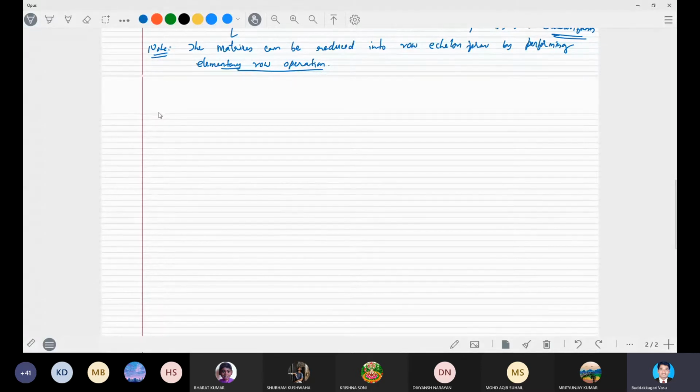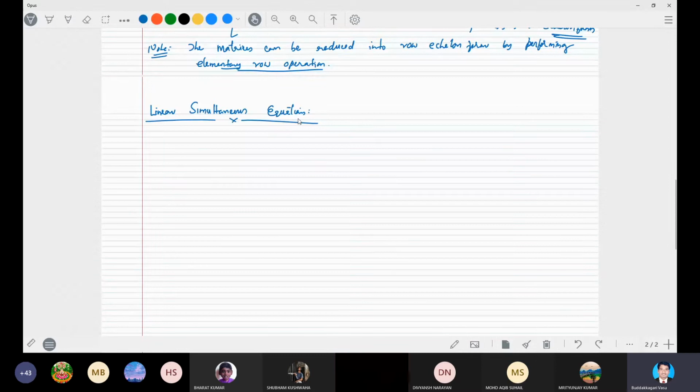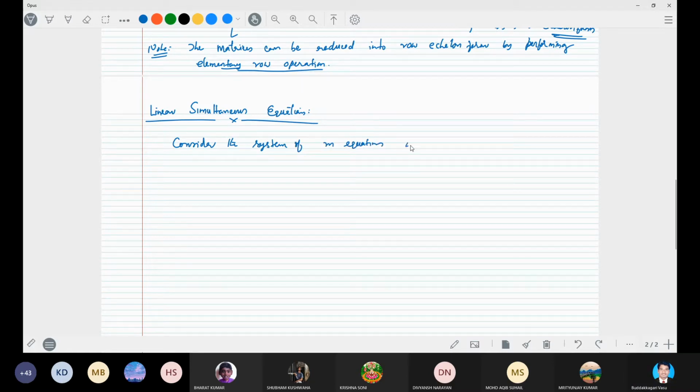Now write down the system of linear simultaneous equations. Linear system of equations. Consider the system of m equations with n unknowns.